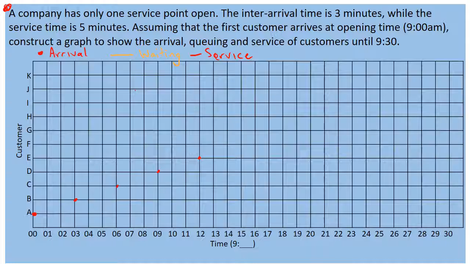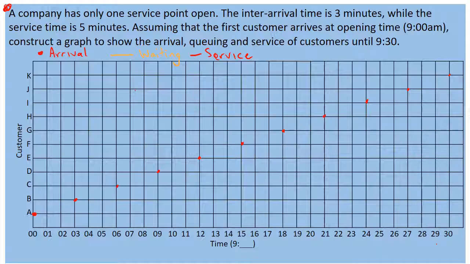You can see that if I join these points together, they should be a straight line because we have a constant inter-arrival time. So I just need to count up in 3s: 15, 18, 21, 24, 27, and 30. So there we have our arrivals.